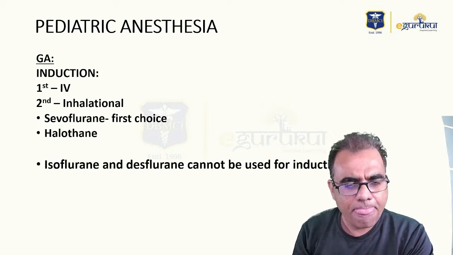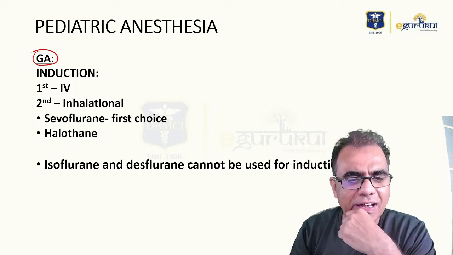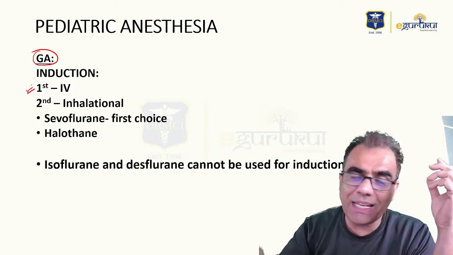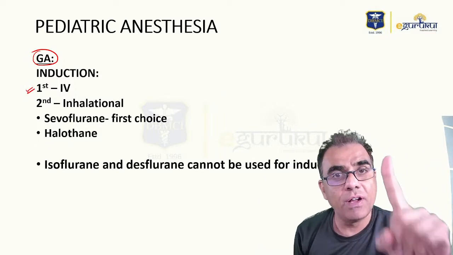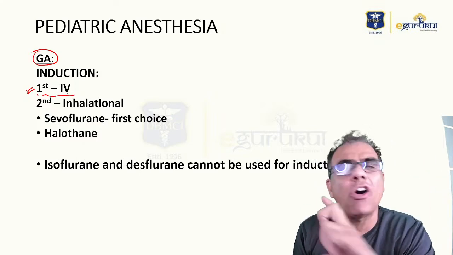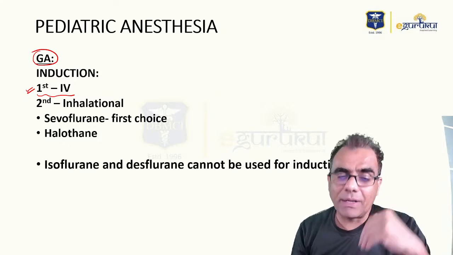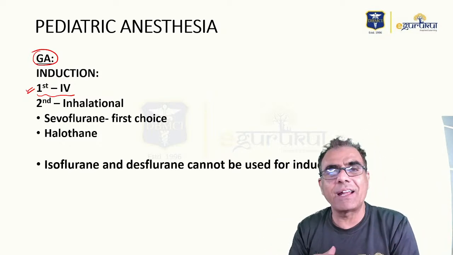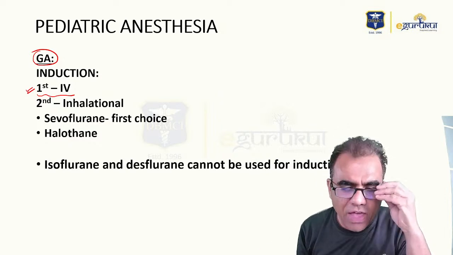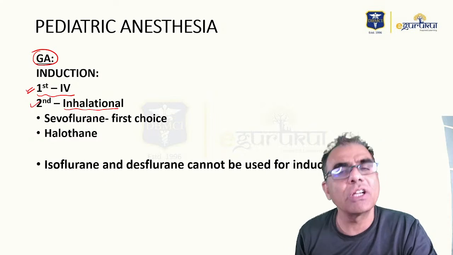Pediatric anesthesia, obviously we have to give GA. And for GA, I told you always induction even in pediatric is IV preferred. This can be very tricky. First choice is always IV, whether adult or pediatric, ultra fast acting. But the problem, I told you, is that many children are coming without IV lines. If they are coming without IV lines, then we have to go for inhalation induction.